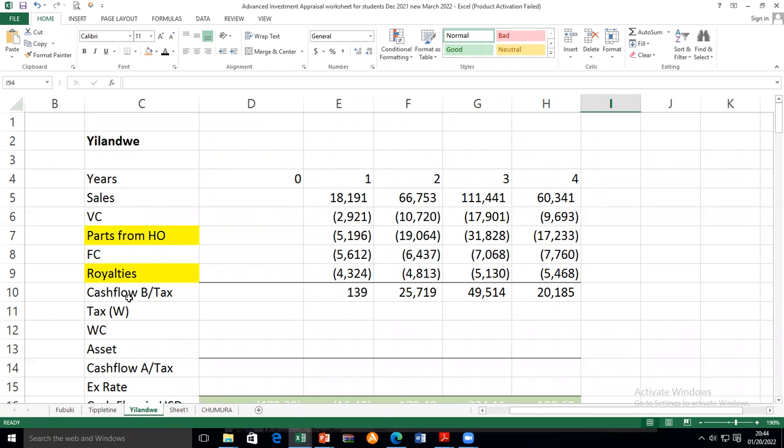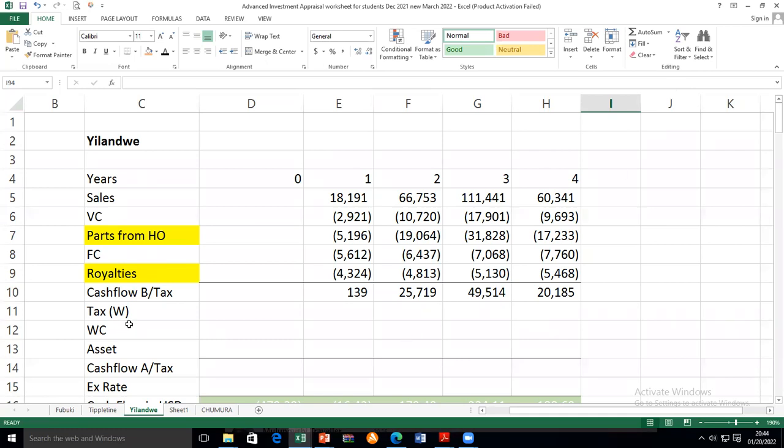We ended up on the concept of cash flow before tax. That's where we ended in our last class.